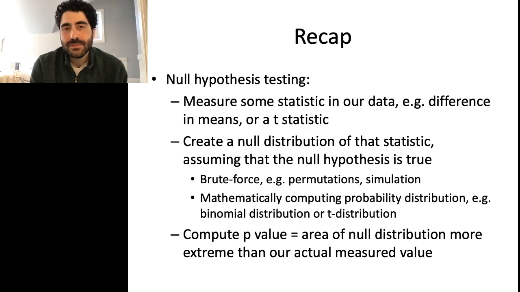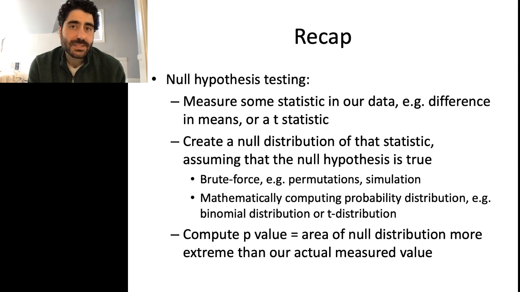More recently, we've been talking about trying to mathematically define what these distributions should look like based on some kind of assumptions about our data and about the null hypothesis. We talked about using binomial distributions, for example, and last lecture we talked about using T distributions. For most kinds of scale data, the assumptions of the t-test are usually reasonably accurate, so we don't actually have to go through the whole process of doing permutations.